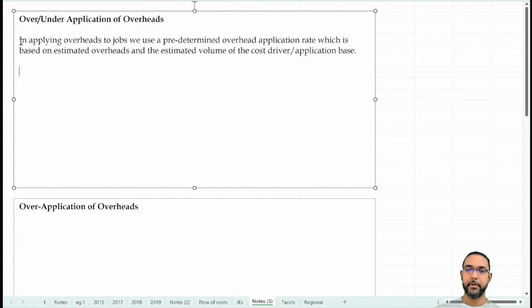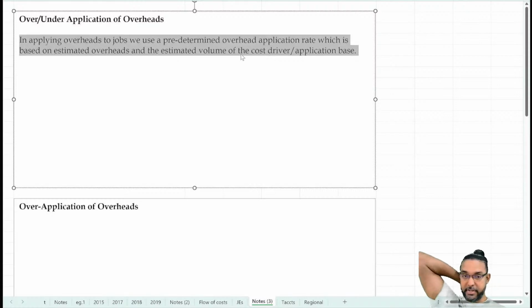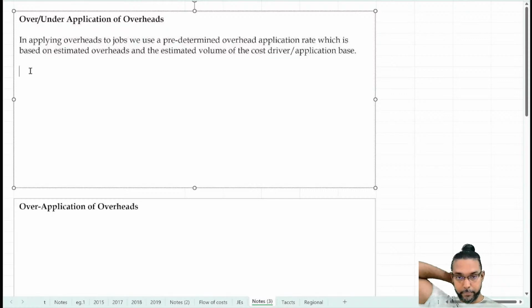So for the OAR, the calculation is estimated overheads divided by estimated cost driver volume. Cool, so it's estimates, right?